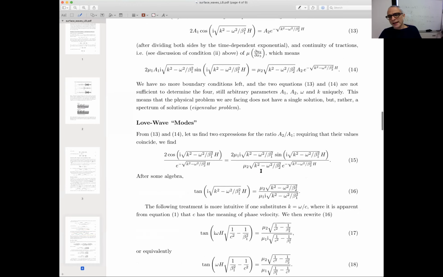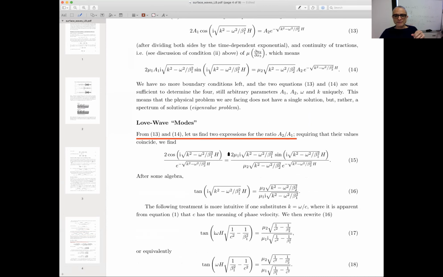And so one way, and this is what you find in some textbooks, one way to attack this problem is to take the ratio of equation 13 and 14.